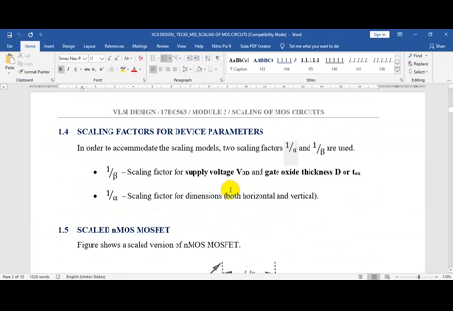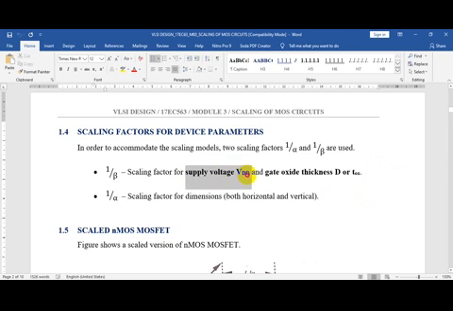Now, there are basically two scaling factors, alpha and beta. The scaling factor beta is used for the supply voltage and the gate oxide thickness. Gate oxide thickness is denoted as D in some textbooks, and as Tox in others.